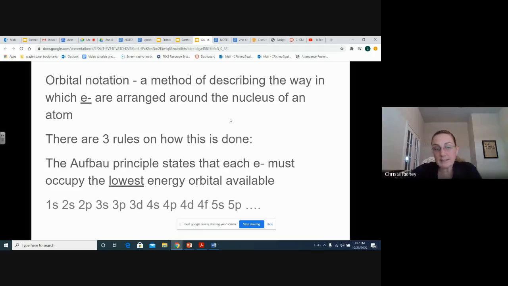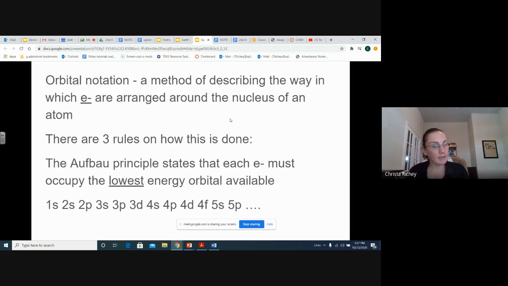Now, it would make sense, and you guys have these on your actual notes, that it would just go in order 1s, then 2s, then 3s, and 4s, but it doesn't. The Aufbau just says that we fill the lowest energy first. This is why I don't like putting quant before ions.